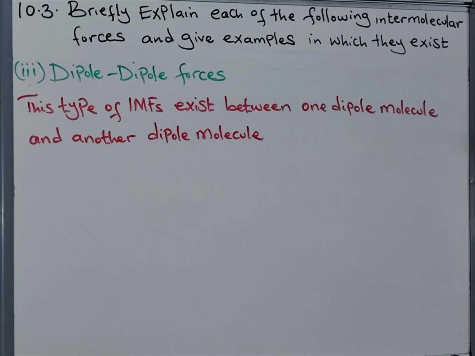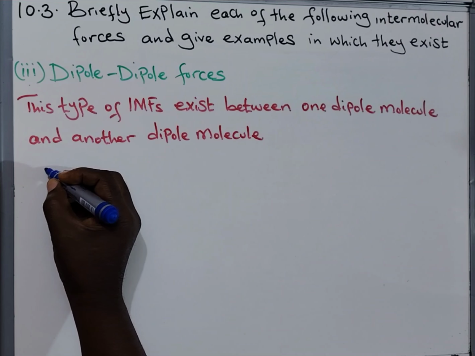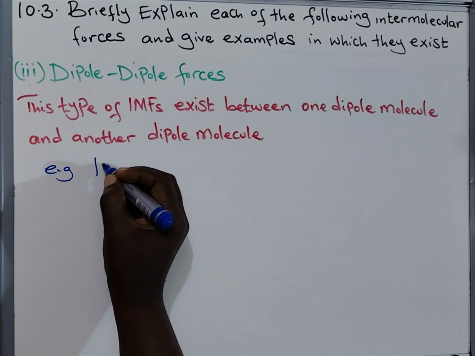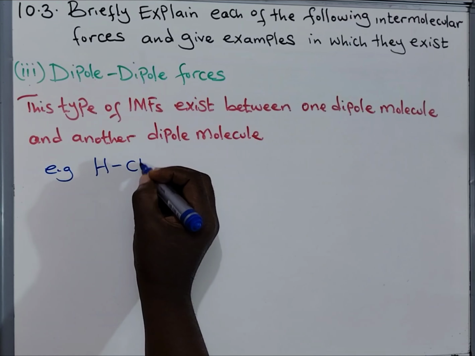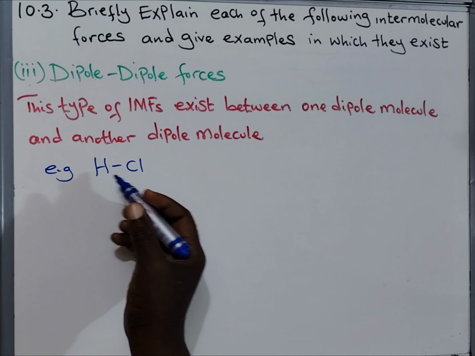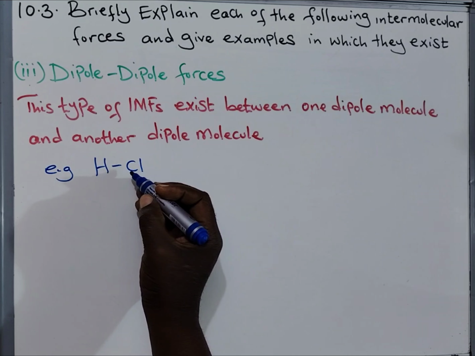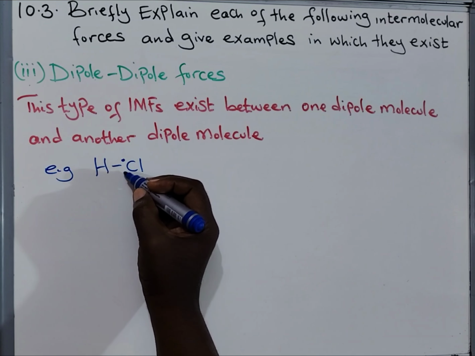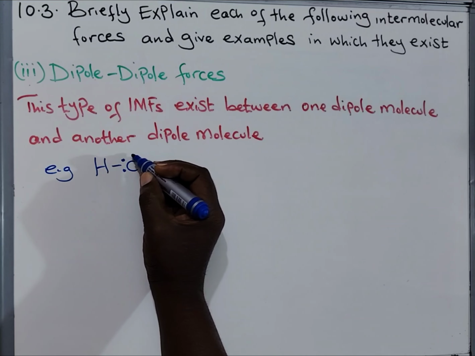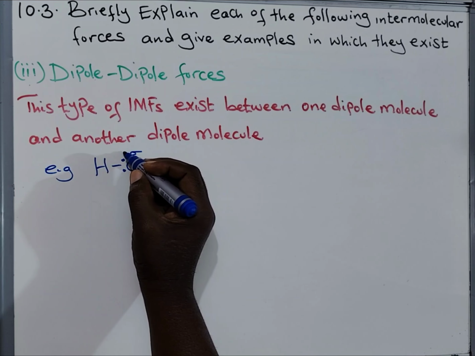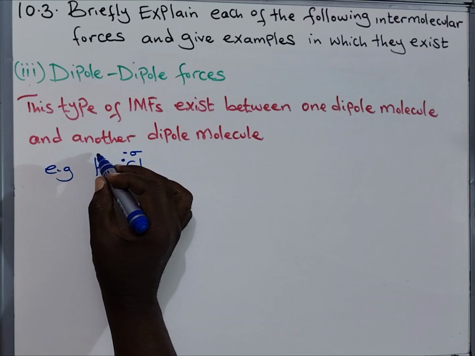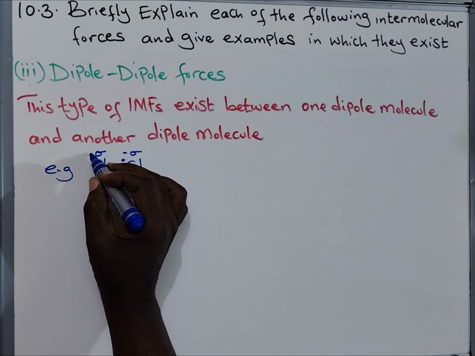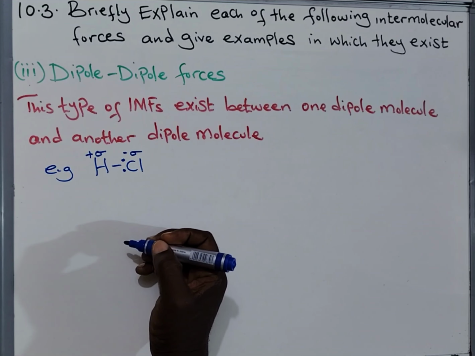The example we can look at is hydrogen chloride. Remember that chlorine is more electronegative than hydrogen, so it tends to pull bonded electrons to itself, making it partially negative. Meanwhile, hydrogen becomes partially positive.